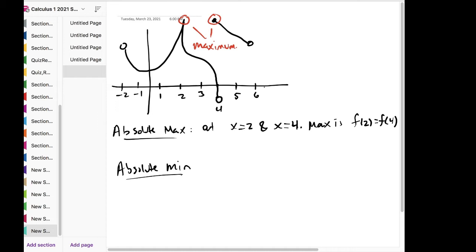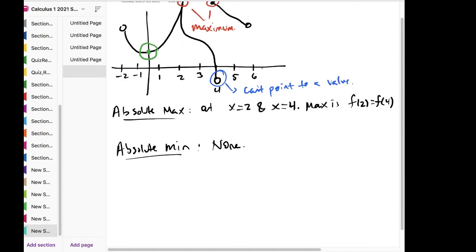None, correct. Because this can't point to a value. However, what's interesting about this problem is that this is an interesting point here. Right, in some regards, that kind of looks like a minimum.